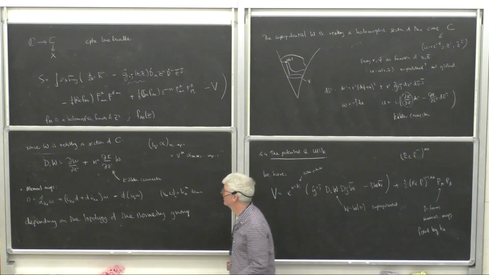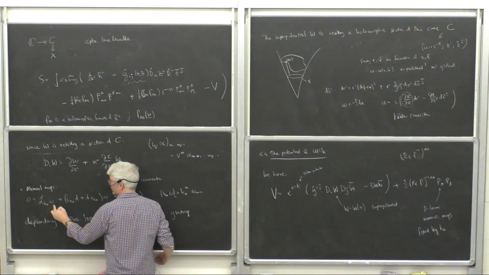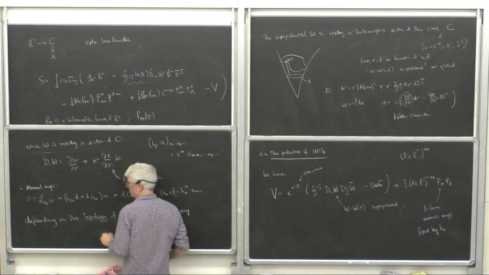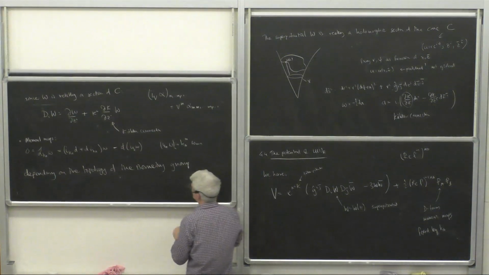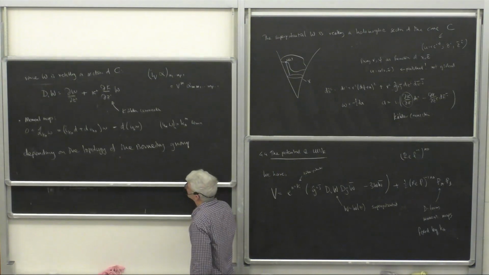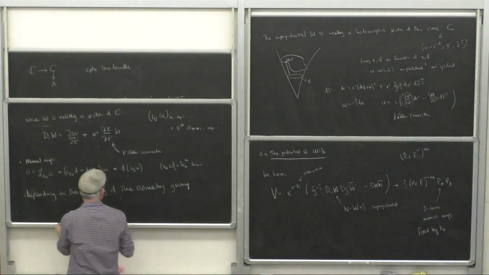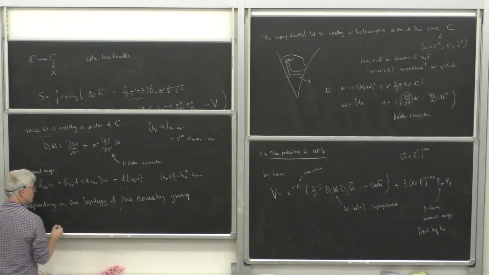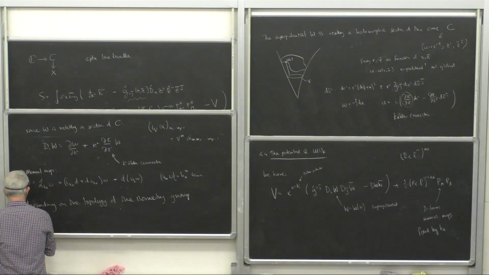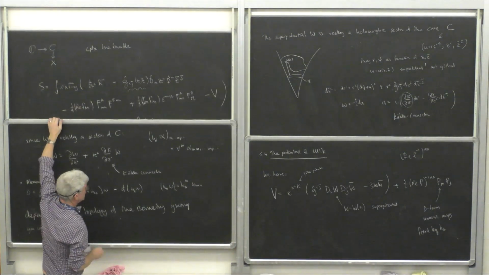It's a famous formula that if you take the Lie derivative of a form, you can write it in this way. But if you like, just believe me that that's equal to this. So depending on the topology of the isometry group, you can find the following.